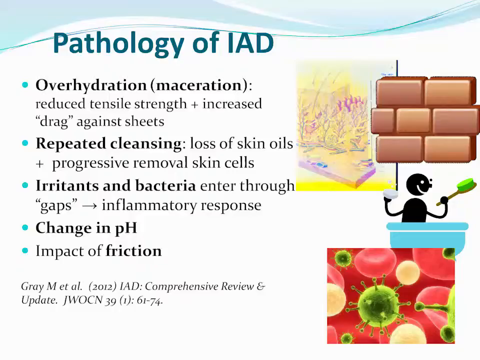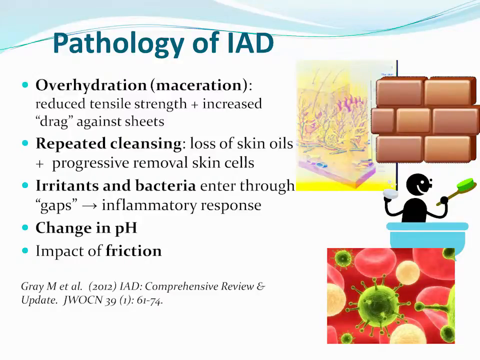So every time I clean them up, I'm potentially adding to the problem by stripping away skin cells and stripping away skin oils. Once I create chinks in the barrier, then it's a straight shot for the irritants in urine and stool and the bacteria or fungal organisms to go straight into the underlying layers of the skin and trigger an acute inflammatory process.